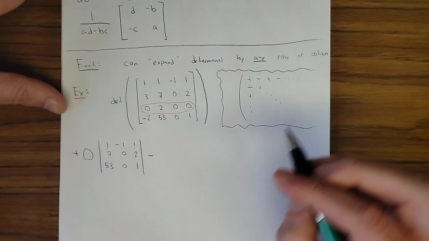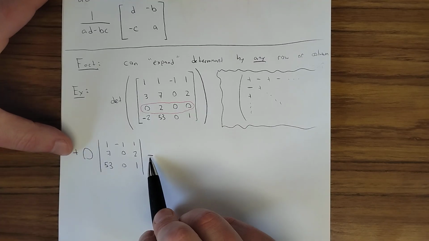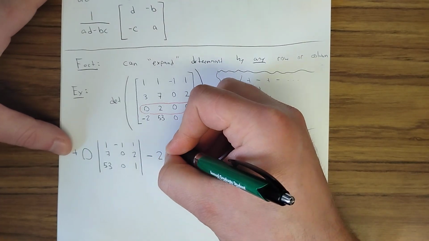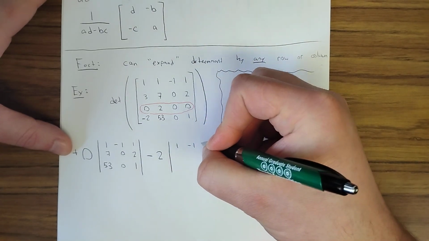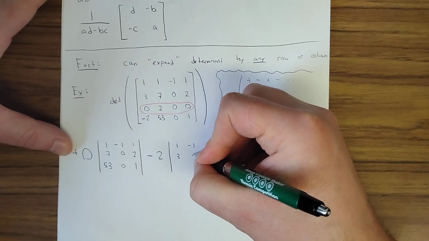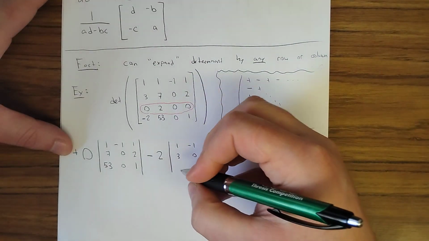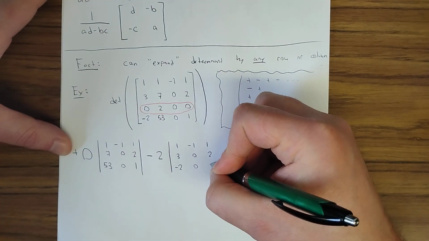Remembering the plus minus pattern, the next one would be a minus, and then it's a 2. And then this determinant actually does matter. So this would be 1, -1, 1, 3, 0, 2, -2, 0, 1.